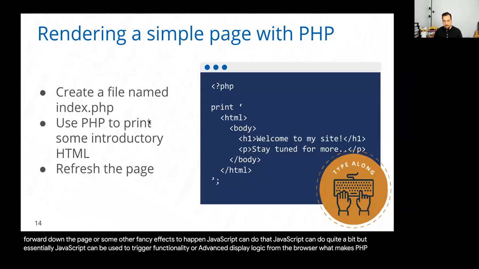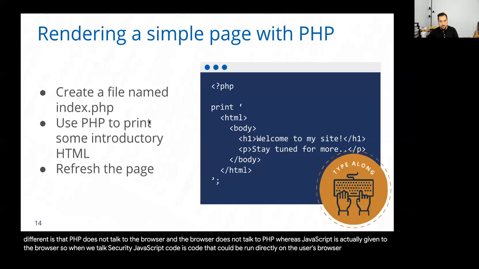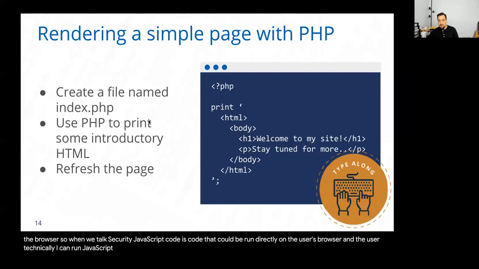What makes PHP different is that PHP does not talk to the browser, and the browser does not talk to PHP, whereas JavaScript is actually given to the browser. So when we talk security, JavaScript code is code that could be run directly on the user's browser, and the user technically can run JavaScript that they write on your website, because JavaScript is run at the user's browser level.